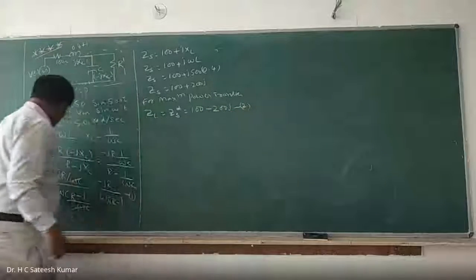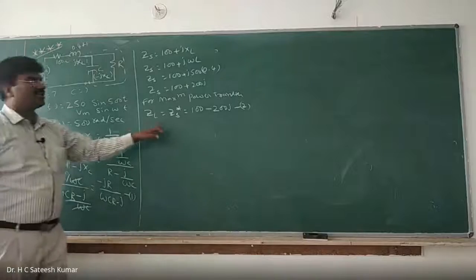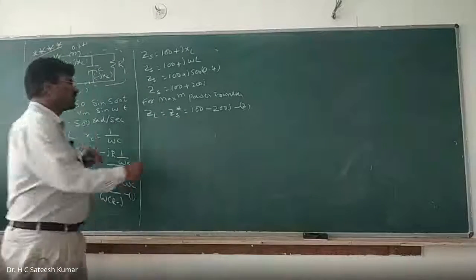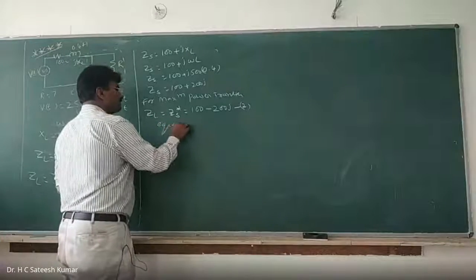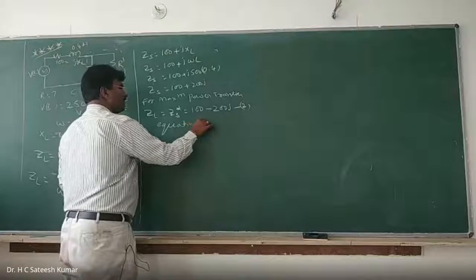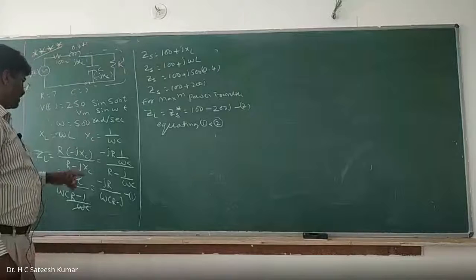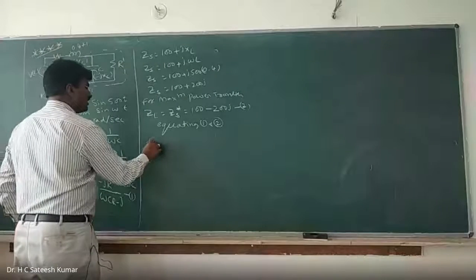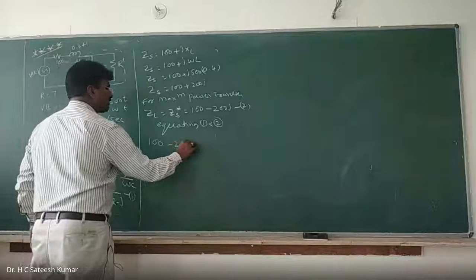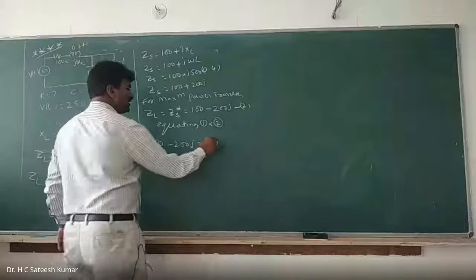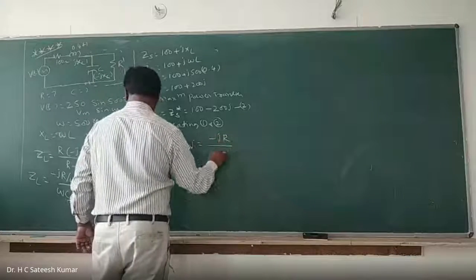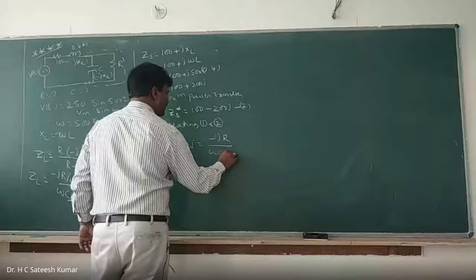We have ZL in equation number 1, and ZL from this side. Equating 1 and 2, what will you get? We have 100 minus 200j is equal to minus jR divided by omega CR minus j.